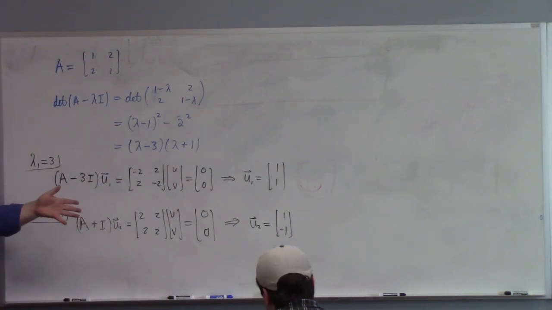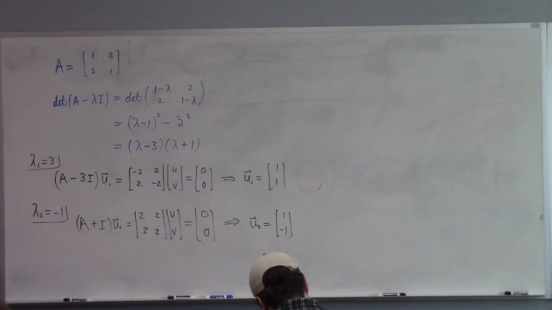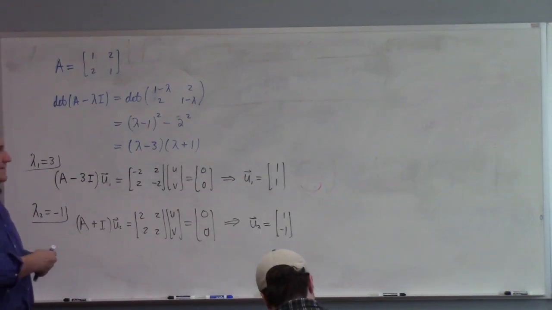You can check me, right? 1, 1, when you multiply it by the matrix A minus 3I, we get 0. And 1, minus 1, when we multiply it by the matrix 2, 2, 2, 2, we get 0. They're solutions, yes? What's my orthonormal eigenbasis for A?